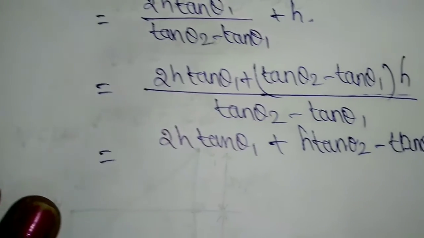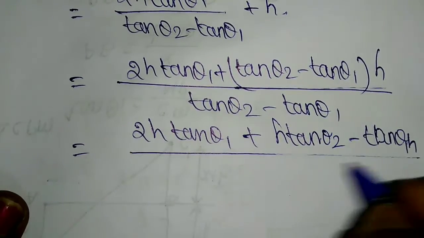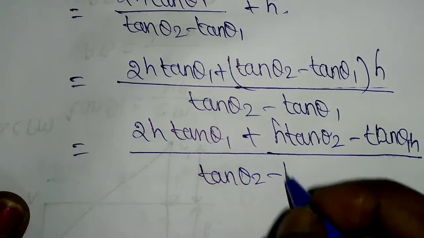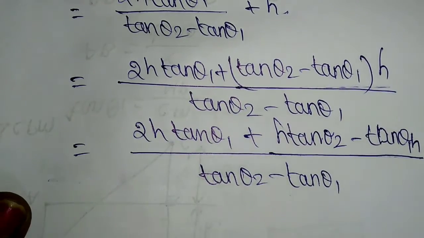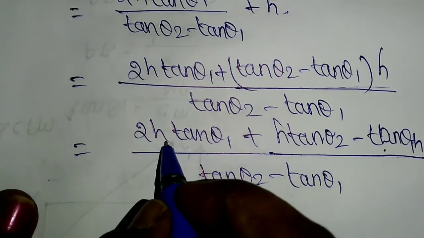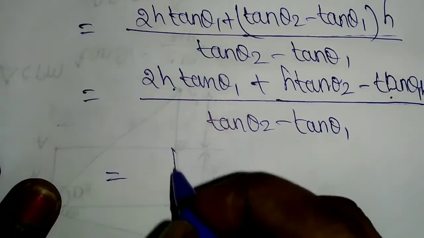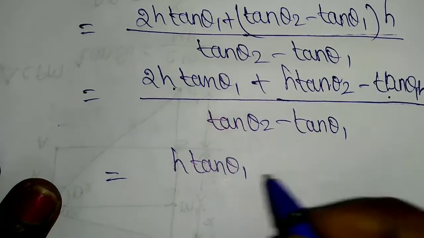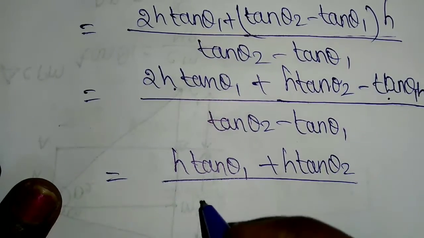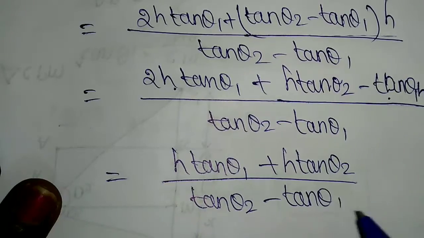tan theta 1 h divided by tan theta 2 minus tan theta 1. Okay, so h tan theta 1 plus 2h tan theta 1 cancel. Here we get h tan theta 1 plus h tan theta 2 divided by tan theta 2 minus tan theta 1.